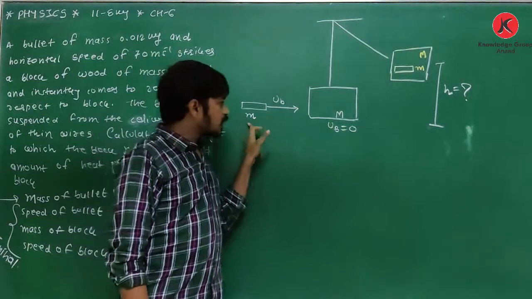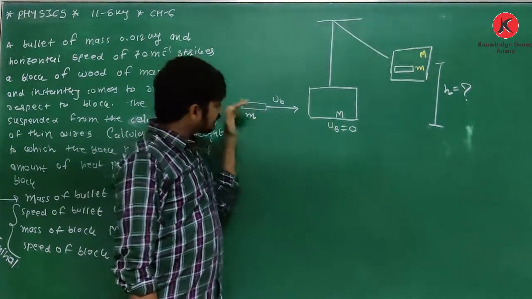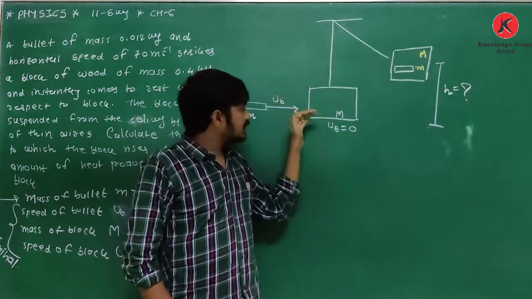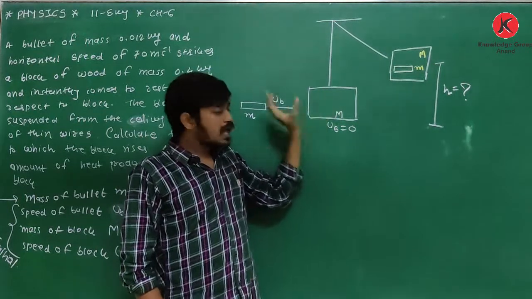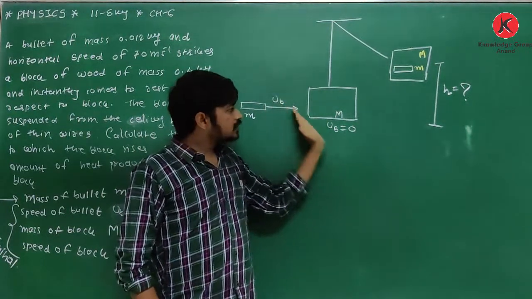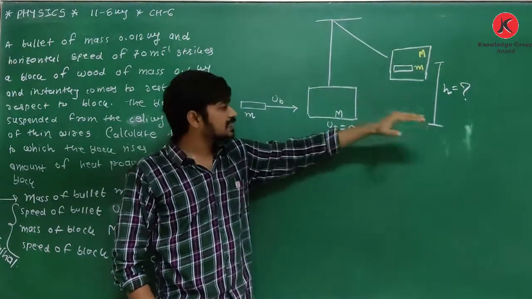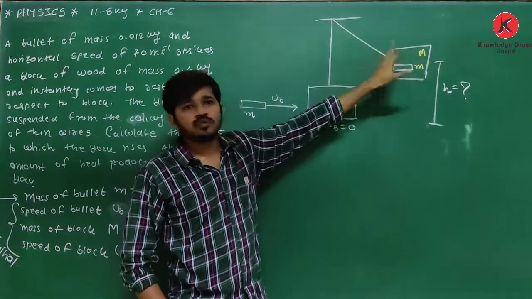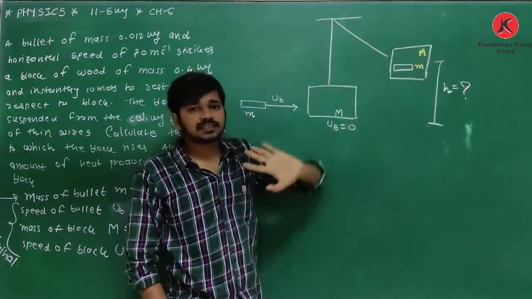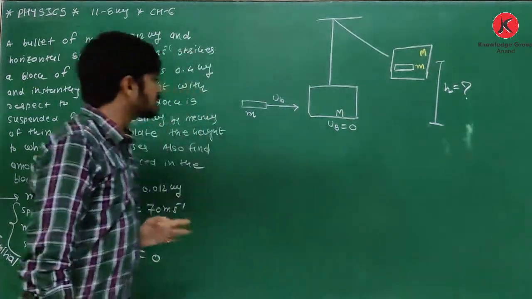One bullet is fired at a block, and it gets embedded in the block. Now the block and bullet will move together. So your question is up to which height this system will move. Clear about this?